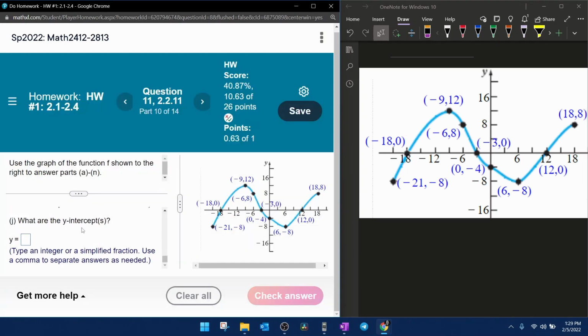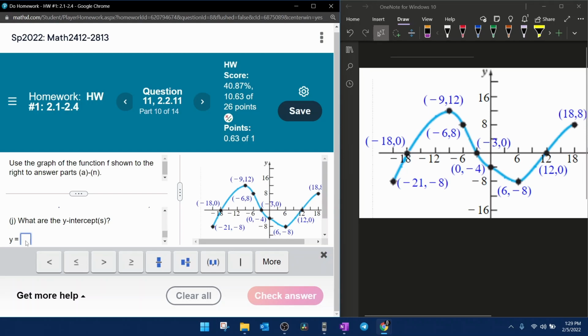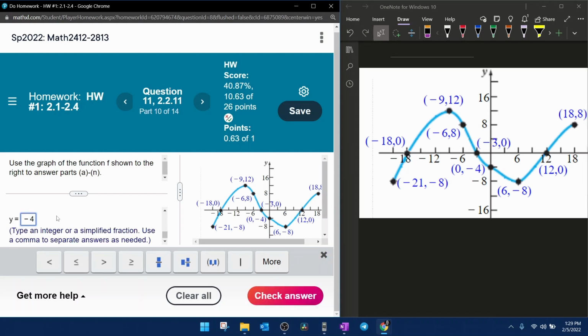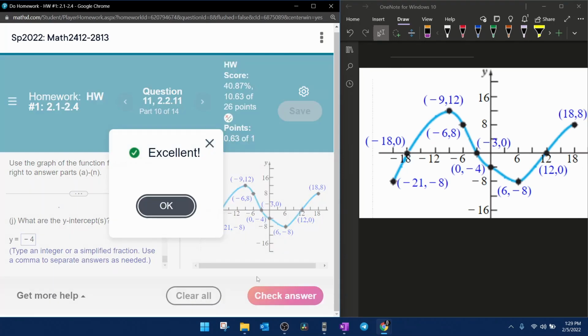What are the y-intercepts? Well, if it is a function, there will be only one y-intercept, and that is when x is 0, the y-intercept is negative 4. Again, notice they don't need that as an ordered pair, they just want the y-coordinate.